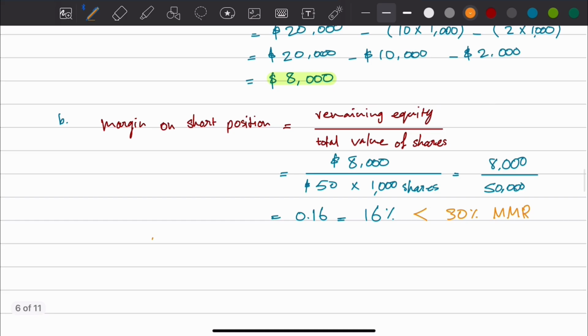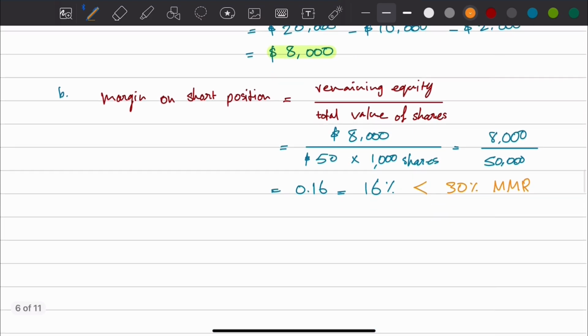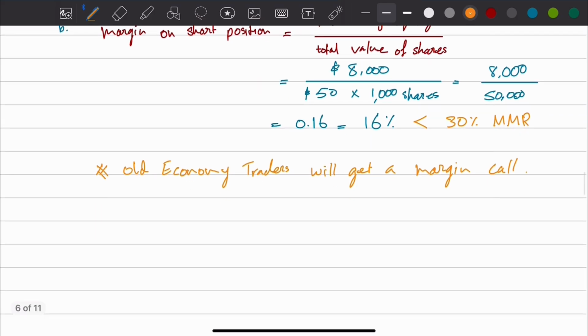That means the trader, or let's write their name. We know their name, which is Old Economy traders. Old Economy traders will get a margin call. And that would be the answer to part B.